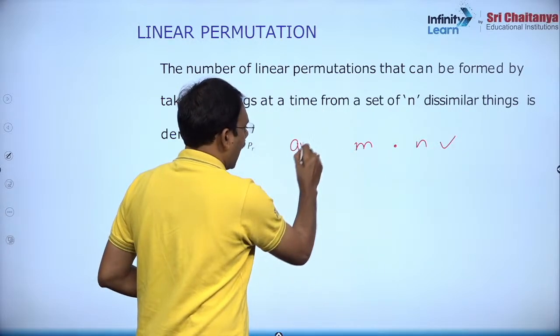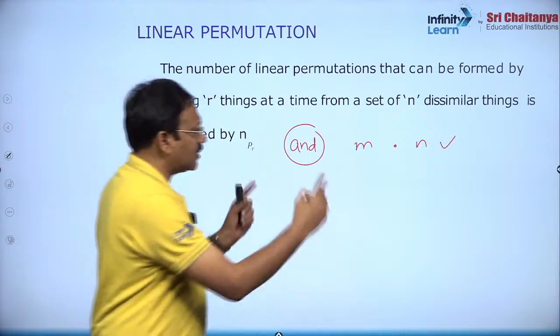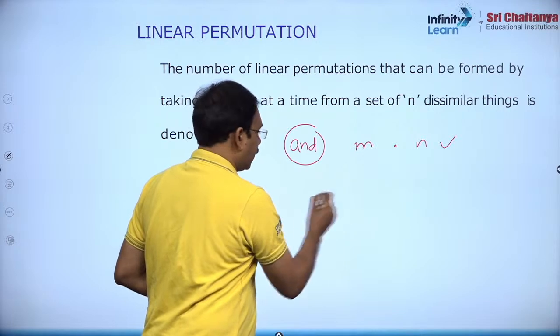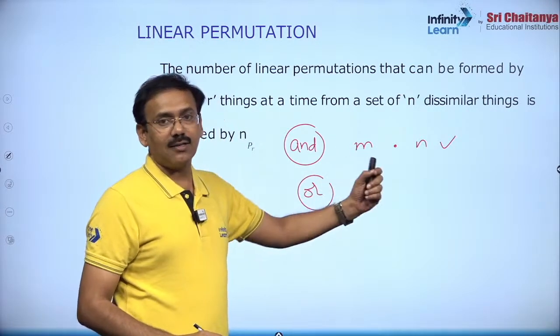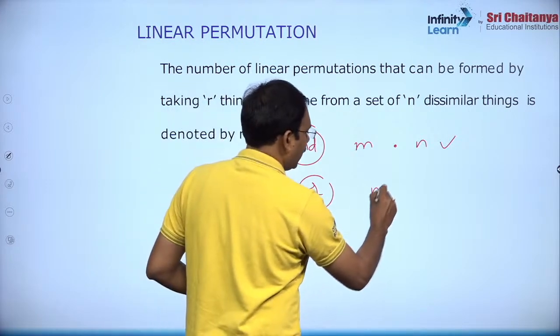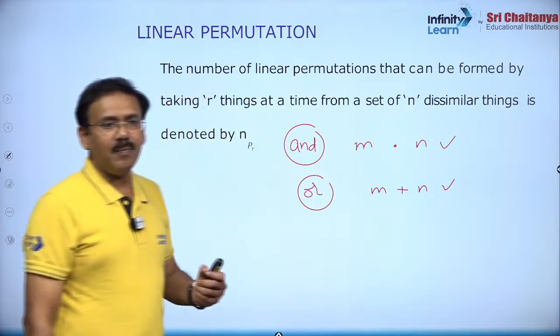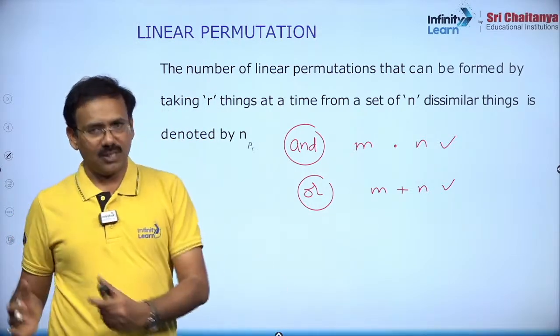The works will be like ordered pairs. Suppose you want to do the first work or the second work, that means you will be doing either this or that. The total number of ways will be m plus n ways. This is the second basic point. With the help of these two points, we develop the total chapter.